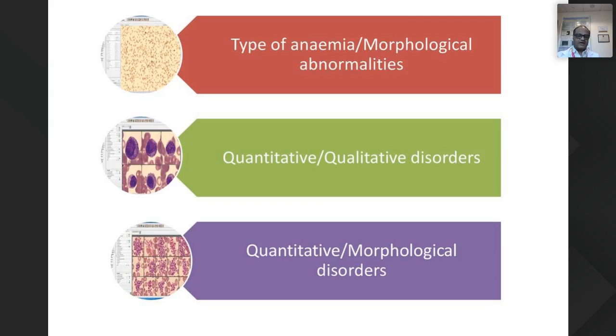In addition, it also gives a clue to what type of disorder this person may be undergoing. For example, if you see a megaloblastic anemia, the person may also have a polyglandular autoimmune syndrome. So you're giving a hint to the clinician that this person already has megaloblastic anemia, but also to explore whether this person has a polyglandular autoimmune syndrome.